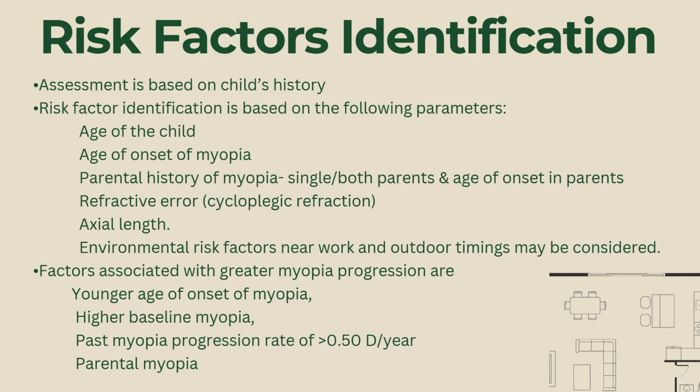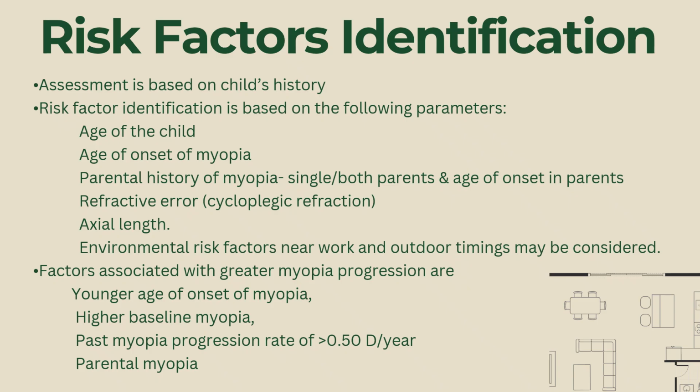Now, how do you know which patient you want to start the treatment? We have already taken this up in the class on documentation and in classes of pre-myopia, where I was trying to tell you about the scoring system. But these are some simple things like age of the child, age of onset of myopia, family history, what is the baseline refractive error, baseline axial length, and environmental risk factors.